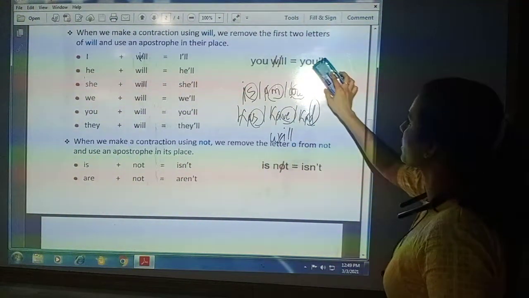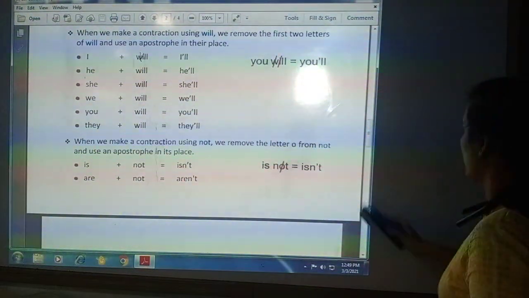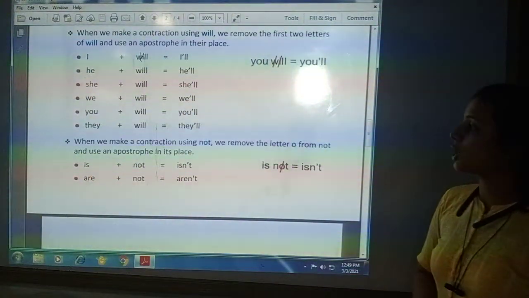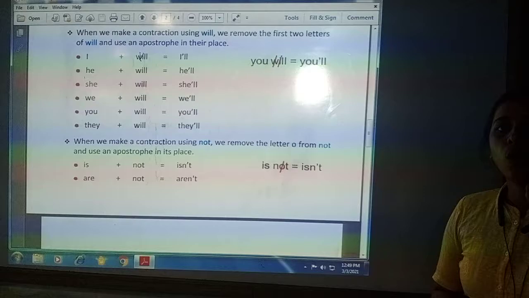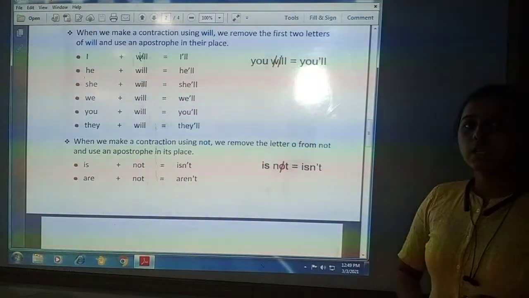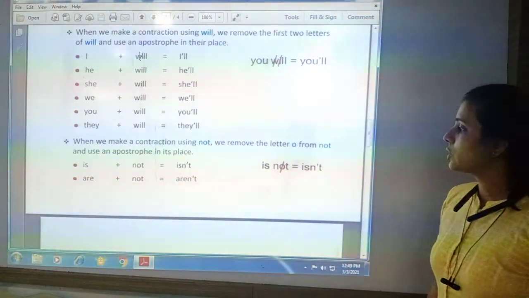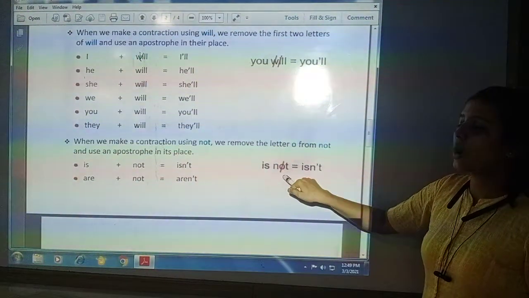Now let us do contraction with not. How is it done? See, when we make a contraction using not, we remove the letter O from not and use an apostrophe in the place of O. So it will be is plus not.